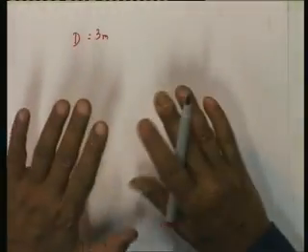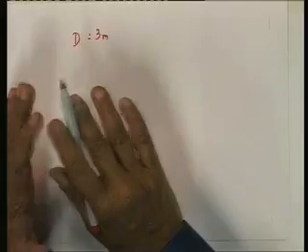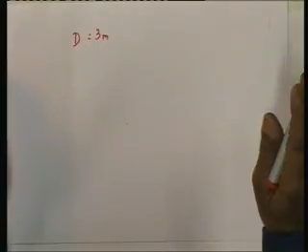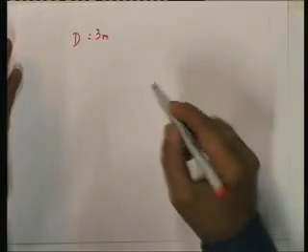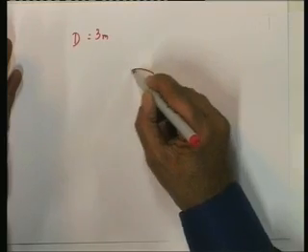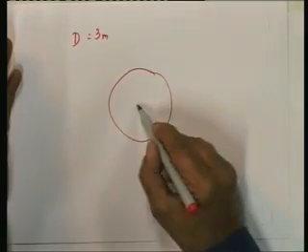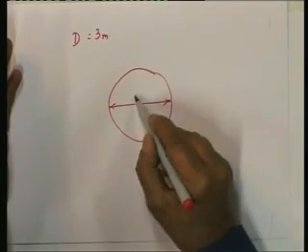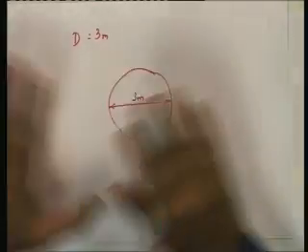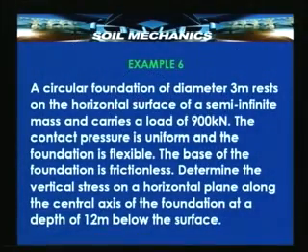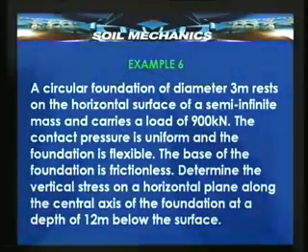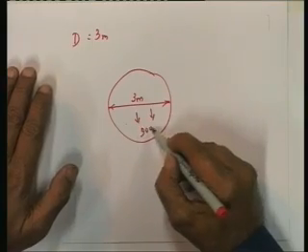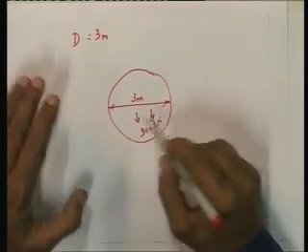It stands on the horizontal surface of a semi-infinite medium and it carries a load of 900 kilonewtons. So, there is an area with diameter 3 meters standing on the surface of a semi-infinite medium, and it carries a uniformly distributed load of 900 kilonewtons over the entire area.